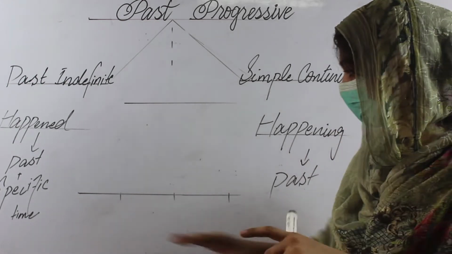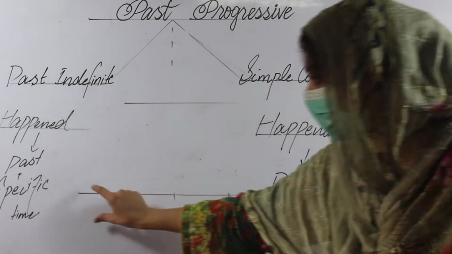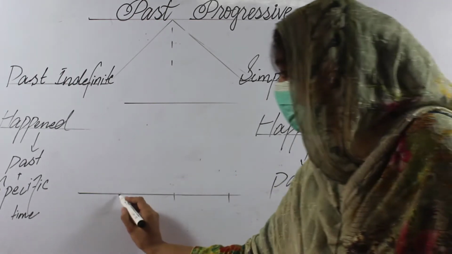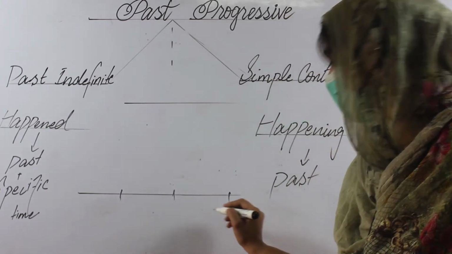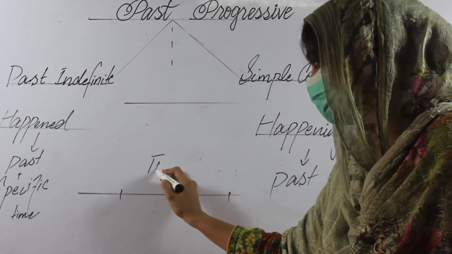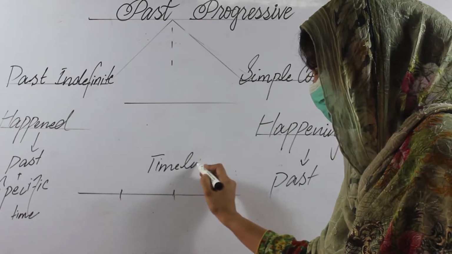Just for example, I have a timeline. I draw a line and divide it into 3 portions. You can say that this one is a timeline.